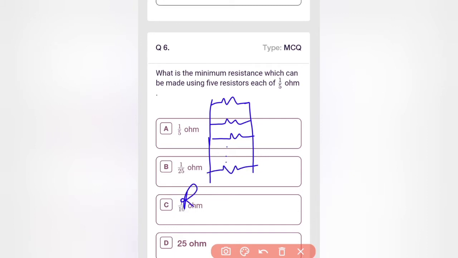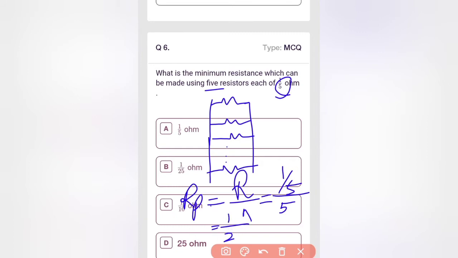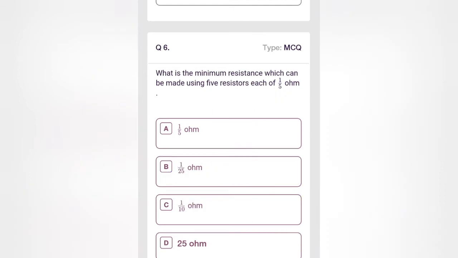For this, the total resistance is given by Rp equals R divided by N, where N represents the number of resistors. We have 5 resistors, so divided by 5, and the value of the resistance is 1 by 5. So the total resistance would be 1 divided by 25 ohm. That's the correct answer, so option B is correct.